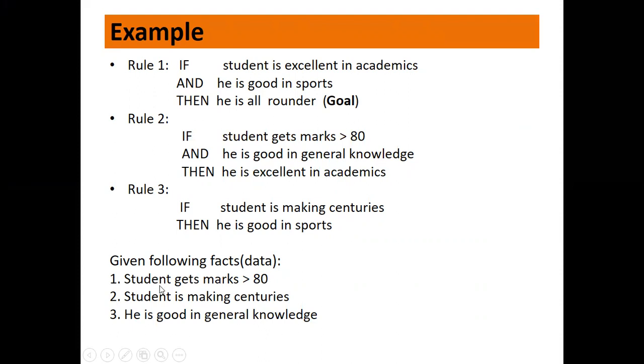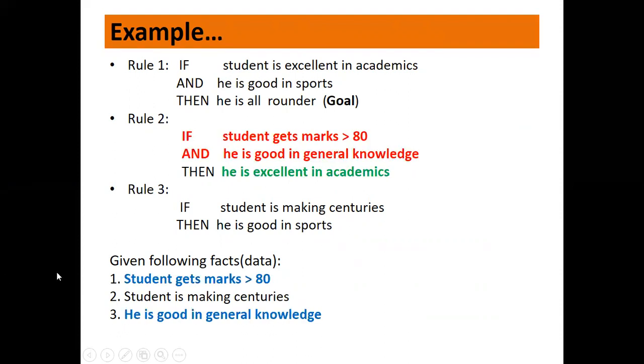Here from these facts, in case of forward chaining, we'll be checking whether they exist in the if condition, right? Whether they are part of the if condition. So let us go ahead. Now, in rule 2, we already have these two facts in the if part of the rule, that is student gets marks greater than 80, and the second fact, good in general knowledge, is also there in the second rule.